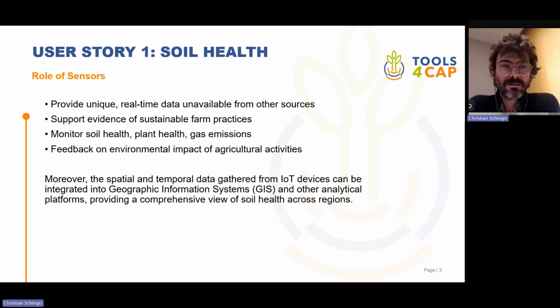They give us the possibility to monitor soil health, plant health, and gas emission, and also feedback on the environmental impact of agricultural activities.